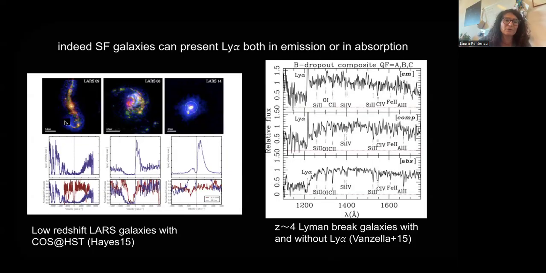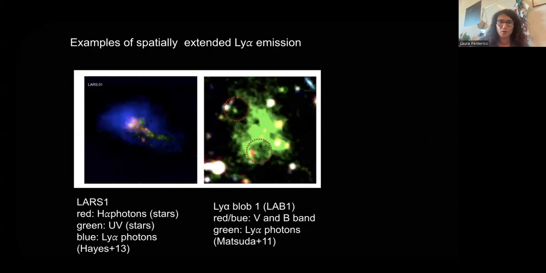And then the galaxy to the left doesn't show any Lyman alpha. This is due to the different conditions present in galaxies. And to the right, we have galaxies at redshift 4. Again, you see that some galaxies have Lyman alpha in emission, some have absorption and emission, and some have absorption. Again, only with radiative transfer can you really establish if a galaxy will have observable Lyman alpha or not.